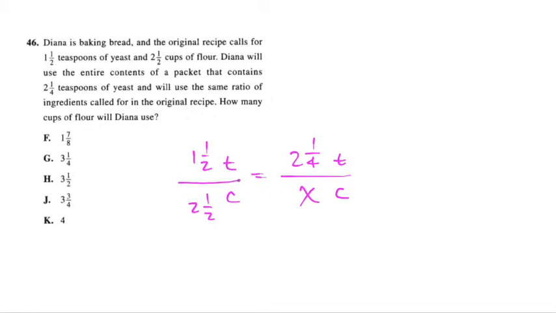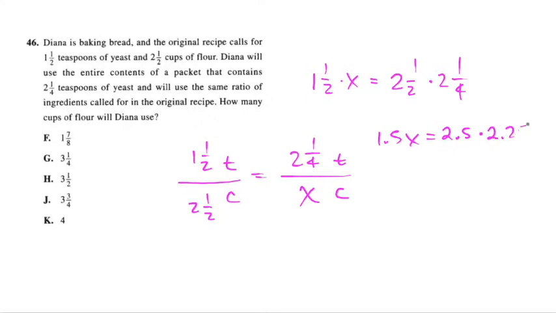Now all we have to do is cross multiply. That's 1 1/2 times x equals 2 1/2 times 2 1/4. Now what you can do here is change these into decimals. So that would be 1.5x equals 2.5 times 2.25.